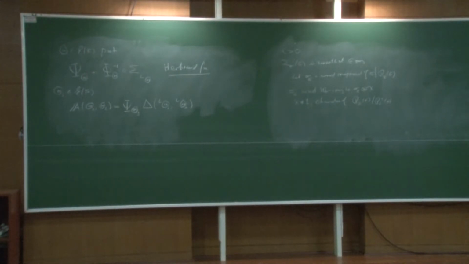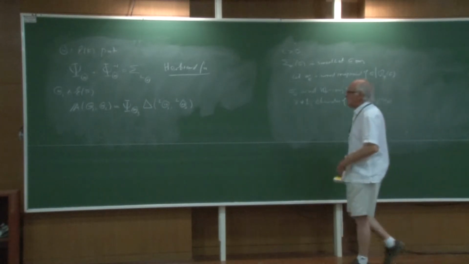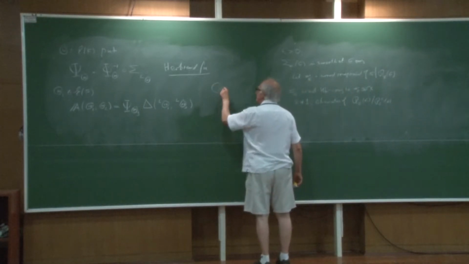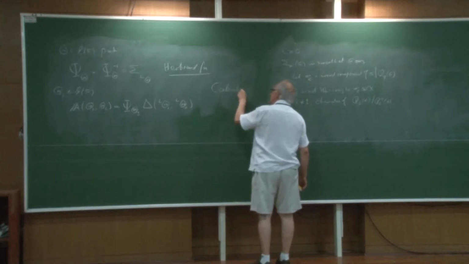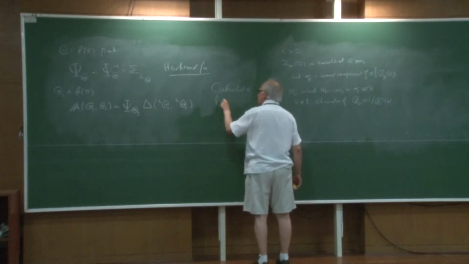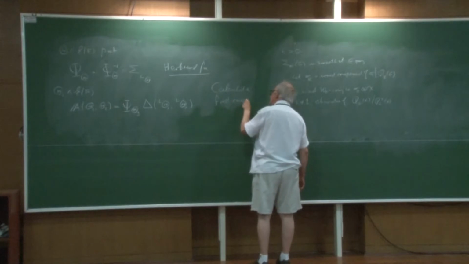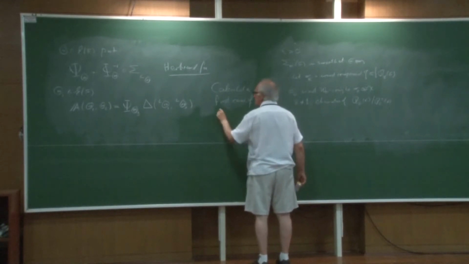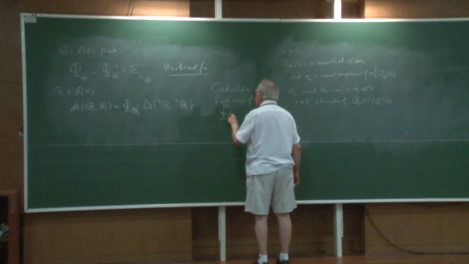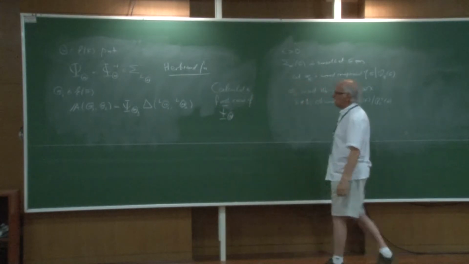Simple characters are defined by a rigid iterative procedure, and you've got to follow that iterative procedure. And there's a definite first step. So what I intend to do is calculate the first case of C theta. Well, it isn't the first case, the second case really.